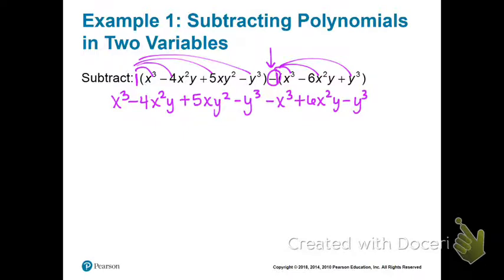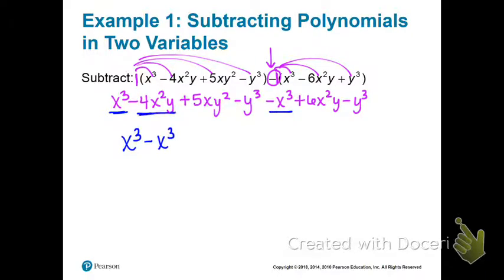Now we're going to combine our like terms. And so now when you have more than one variable, don't worry so much about standard form, okay? Technically, it's the variable that's listed first in descending order and the second variable in ascending order. But I'm not so worried about that. Just make sure you can solve it. So we've got x cubed, and I have a negative x cubed.